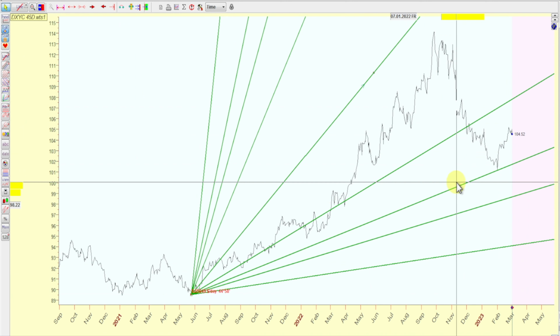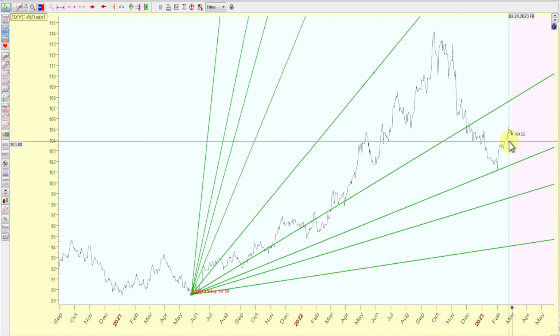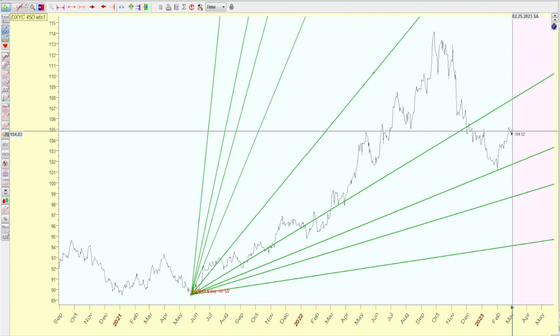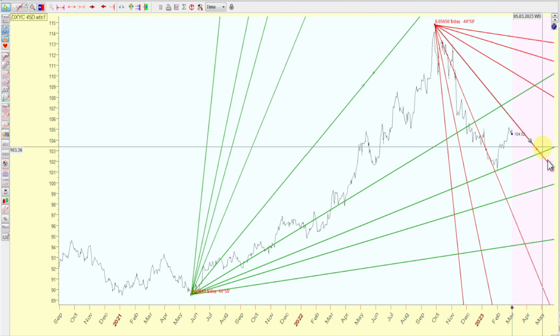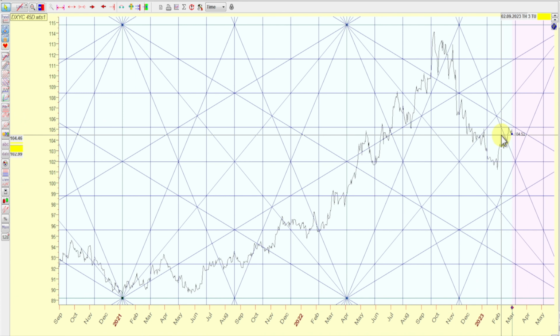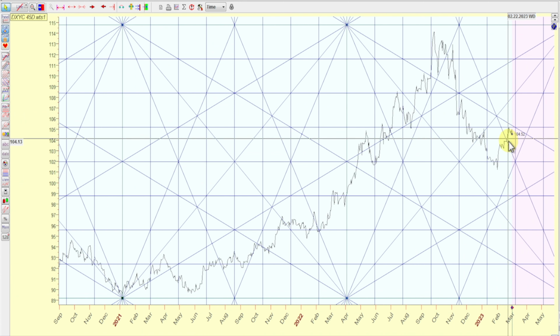Pivoting from this swing point, you can see that we found support at the 1/3. And there's open air, so it may be possible that it could kiss this 1/2. But so far it hasn't done that. And we've got to see if it could cross over the 1/1 from the swing high of September. Using the Gann square, you can see that we hit the 1/8 and we're finding resistance there.